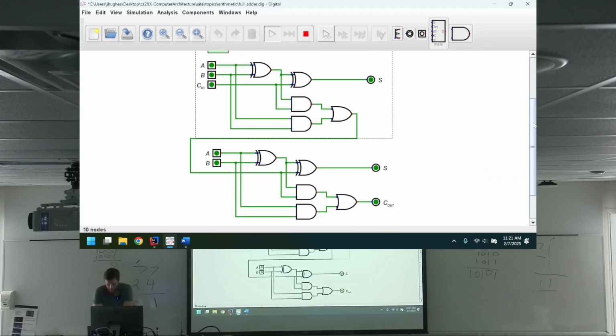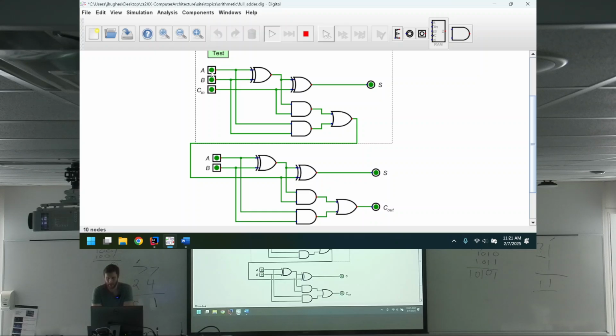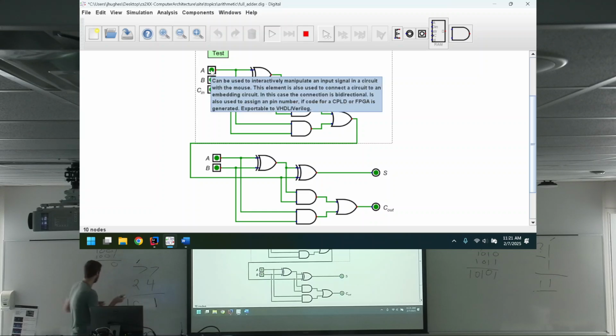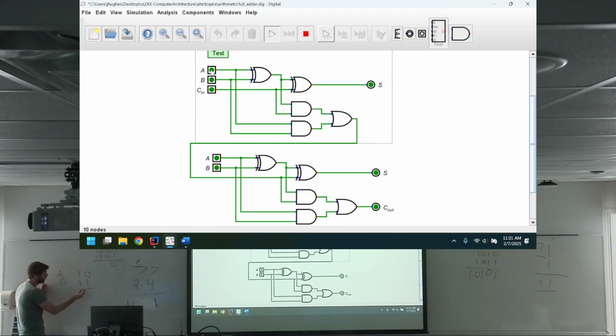Now, let's see if that'll do the trick. So let's add 1, 0, and 1, 1 together. So let's add 2 and 3 together. So this will be input A, input B. And this is the least significant bit, most significant bit.